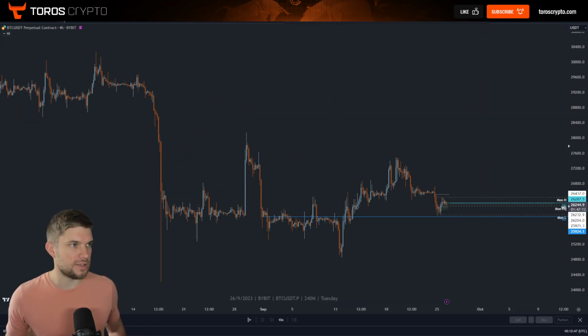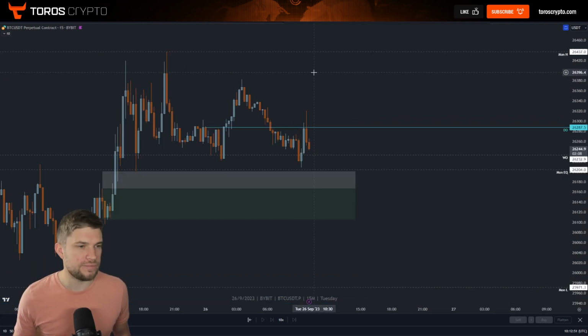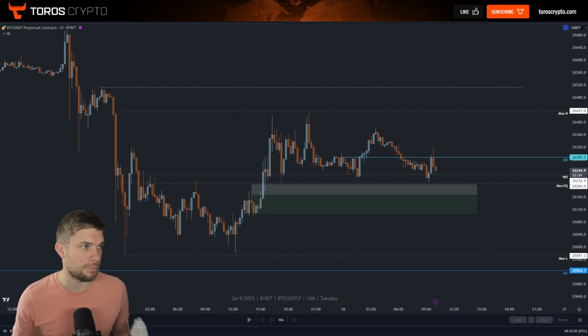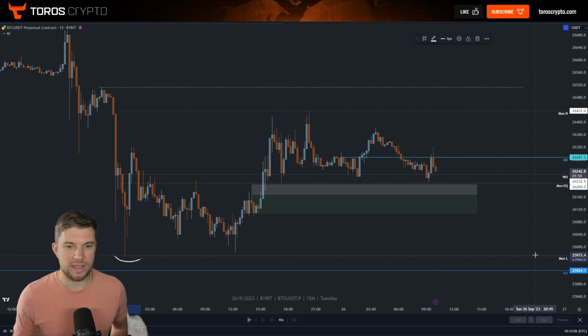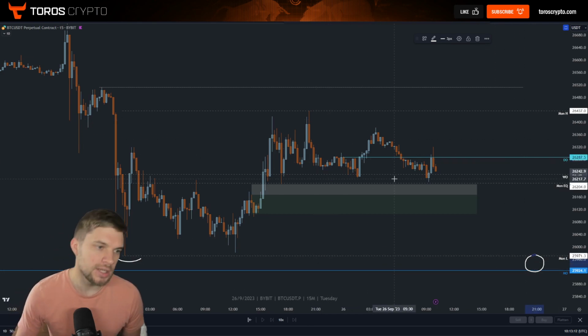Now, going into the lower time frames, because there's not a whole lot happening, the plan for today is relatively straightforward. We know where our Monday highs and our Monday lows are, and generally speaking, you would want to take trades based off of those. So if there is a move down towards our Monday low, then you have the monthly open just below there, giving you some confluence for that trade.